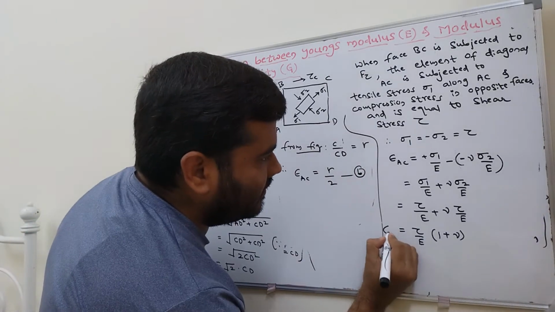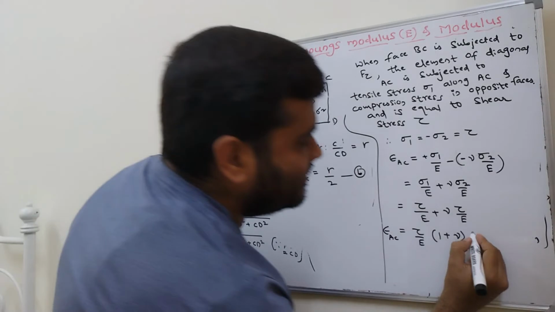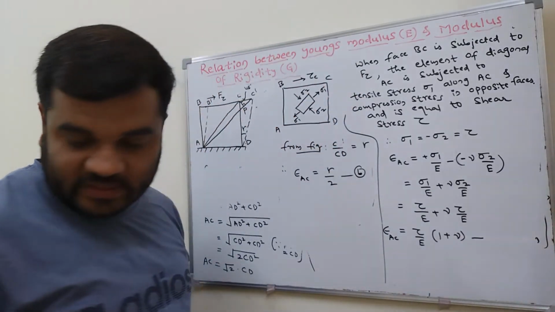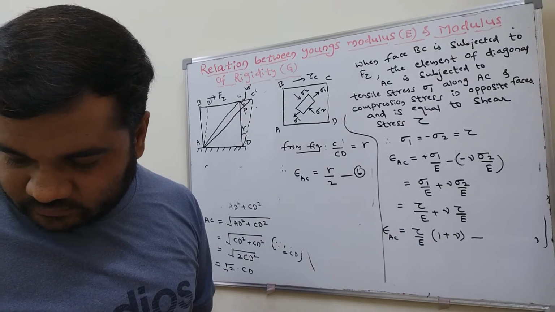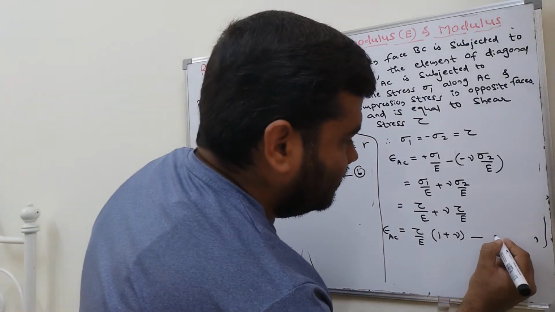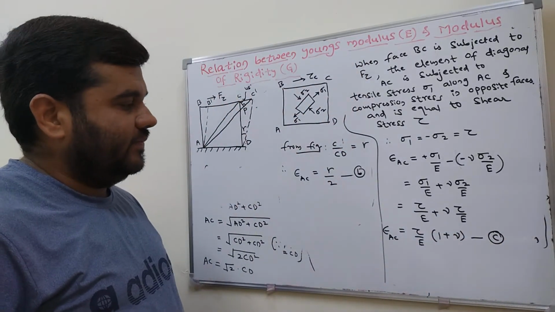This is the strain in AC. Call this equation number C.